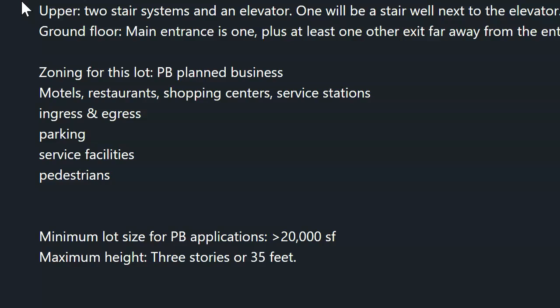When you look at the restrictions, the minimum lot size for the planned business area is 20,000 square feet, and our site is going to exceed that. And then the maximum height of the structure cannot exceed 3 stories or 35 feet. In the class, I'm going to be a little bit flexible on this because I really want to explore some of the possibilities with Revit and roof structures, and we will exceed 35 feet.